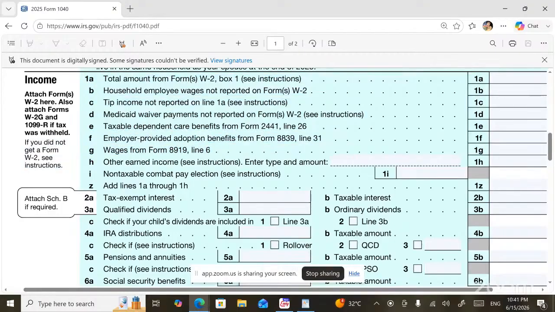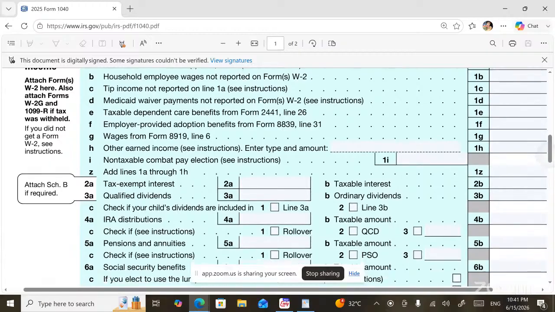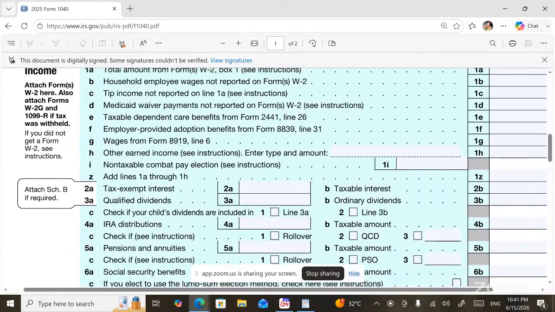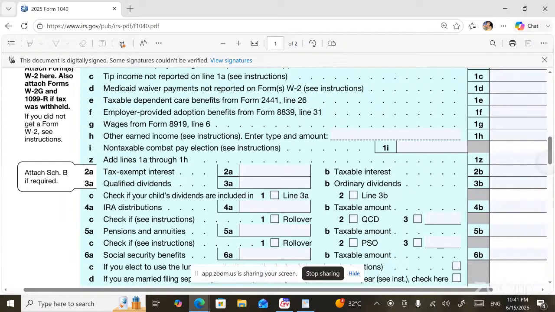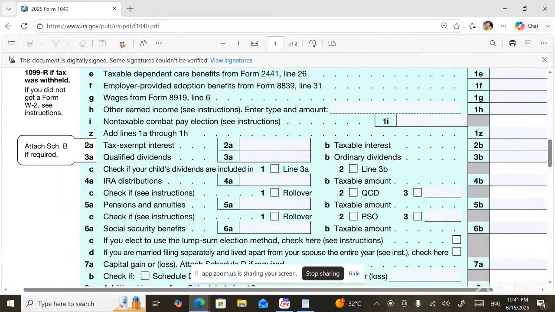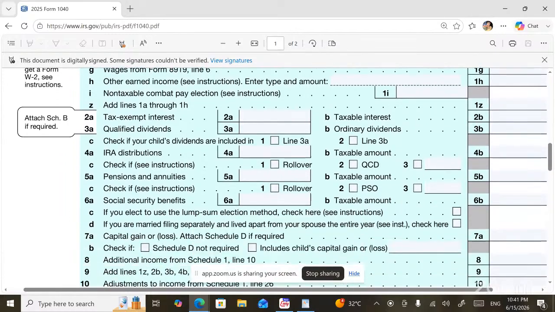Now coming to 2A. Actually, here and there, I am using some schedule numbers.